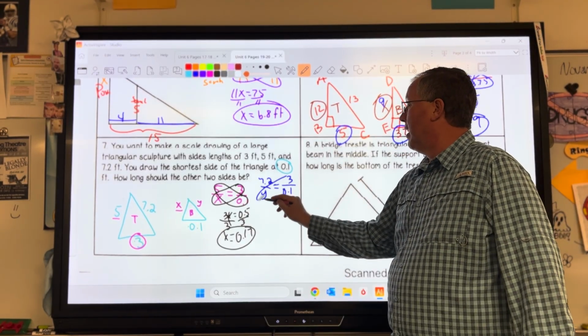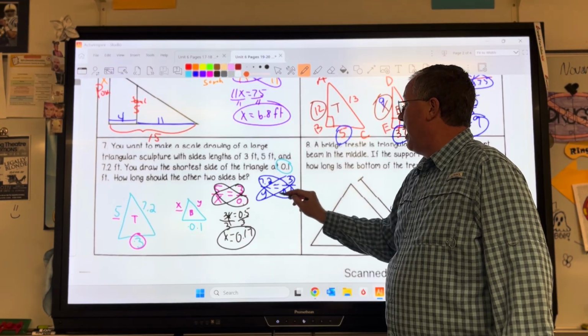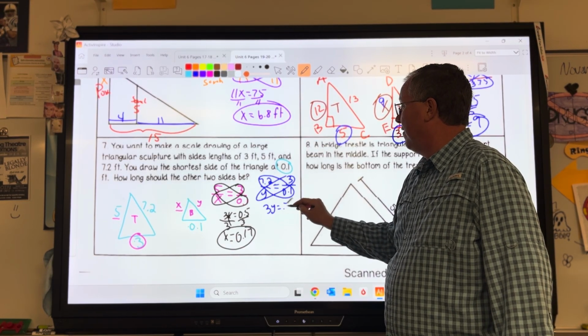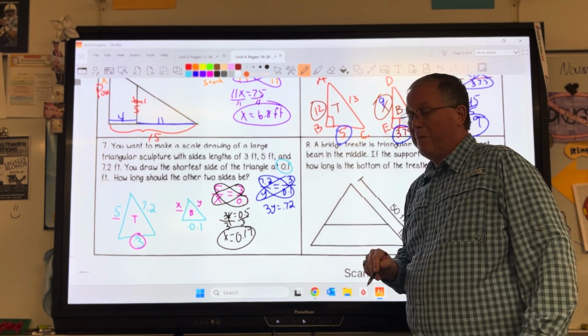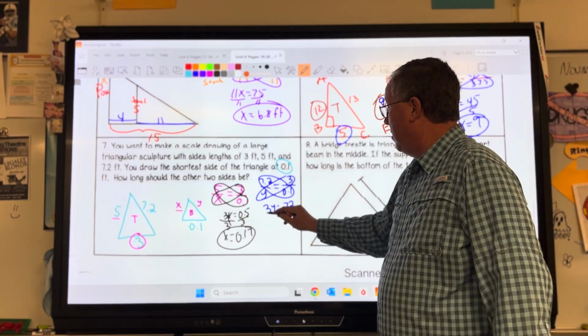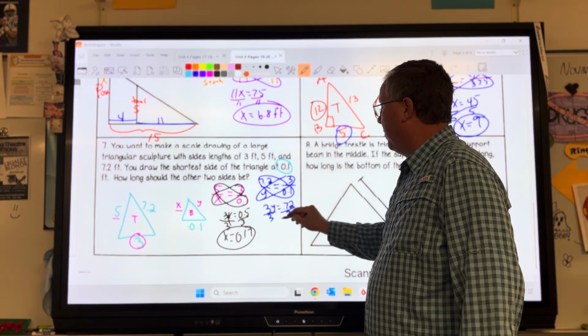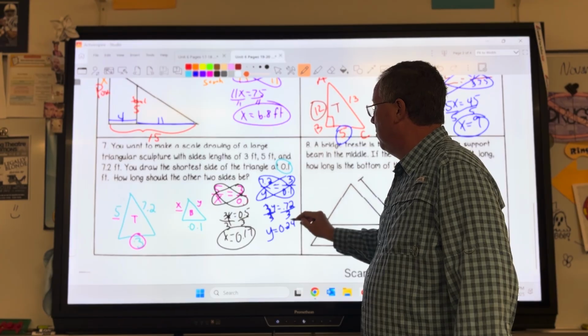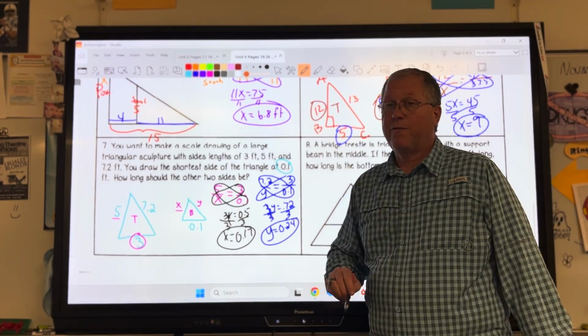I cross multiply, and I get 3y equals 0.72 when I multiply by 0.1. I divide both by 3, and I get y equals 0.24. And that is my answer for y.